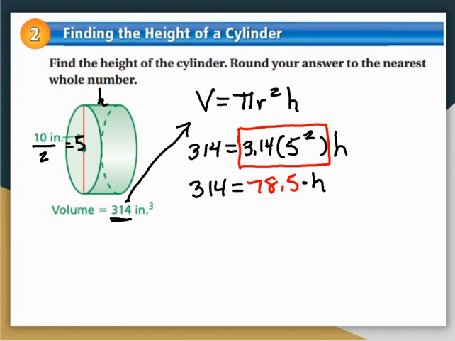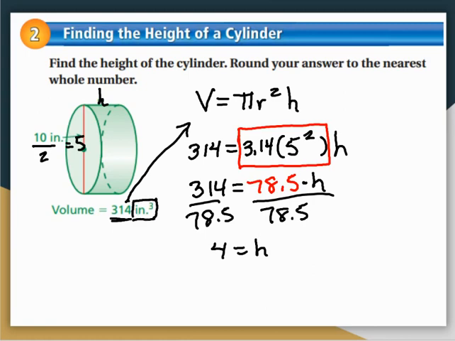To solve this problem, we're going to just divide by 78.5. So 314 divided by 78.5 is 4. So the height equals 4. And then your question would be 4 what? And here you see this says inches cubed, this says inches, so our height would be 4 inches.